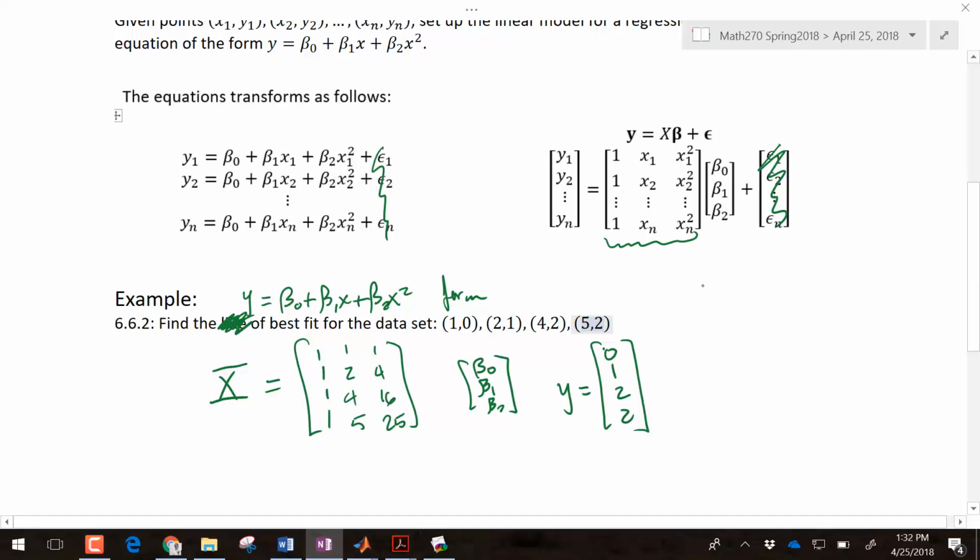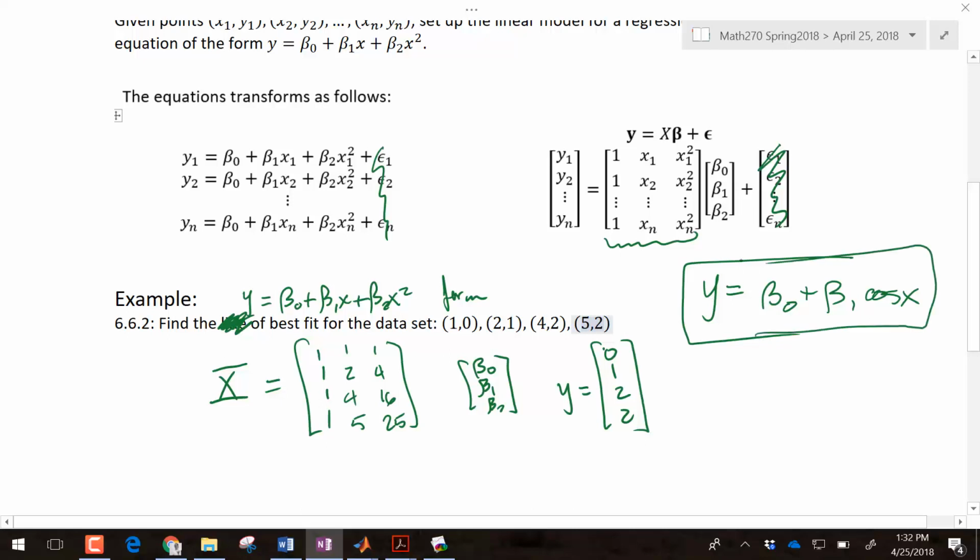Another example would be having beta sub 0 plus beta sub 1 cosine x or something like that, as long as the betas are linear, in the sense that beta is not being squared or multiplied together by any other things aside from constants.